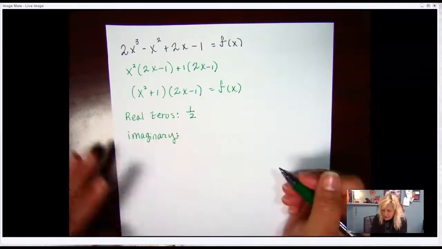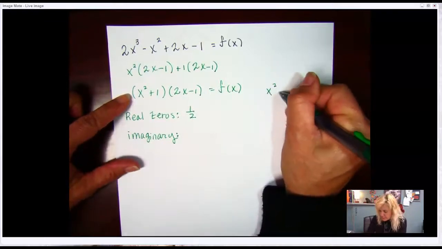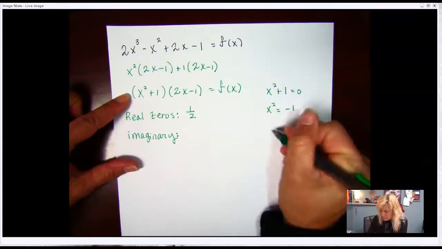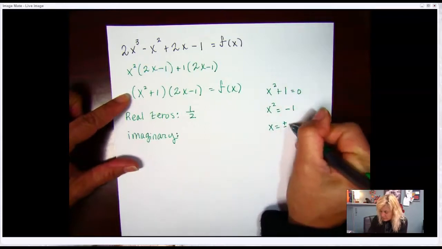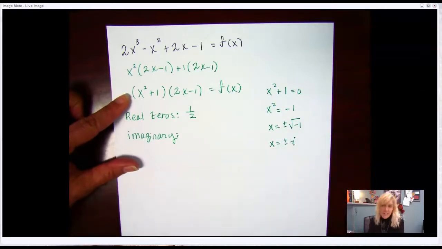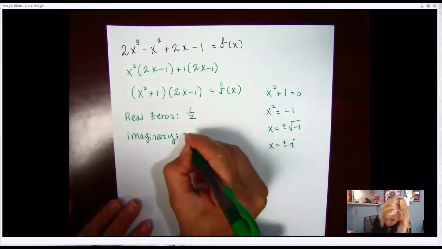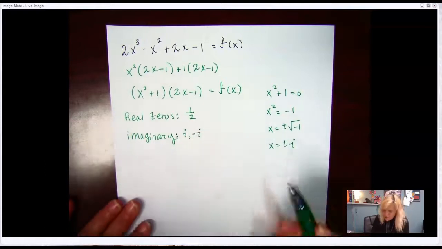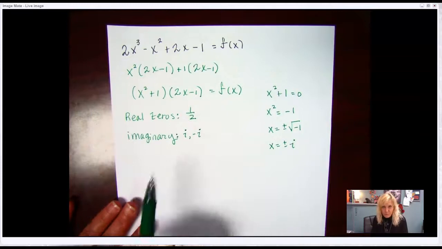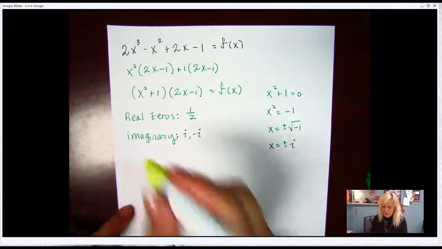So the imaginary zeros are just i's. Remember, I have a degree of 3. I have 3 answers here. Feeling pretty confident about my work, I'm going to go ahead and box that in.